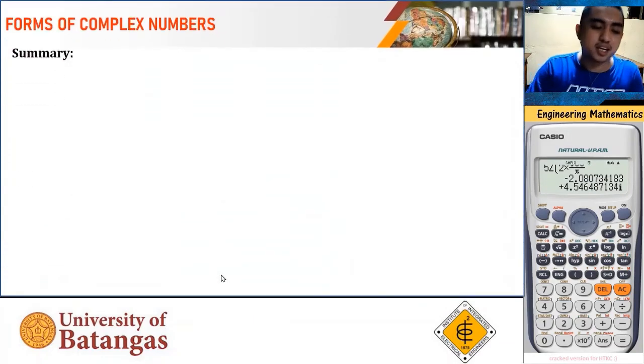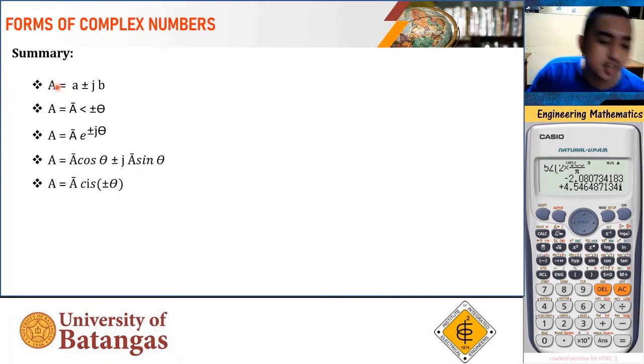Okay, summary. So, sa ating rectangular form, meron tayong A plus or minus JB. Then, in our polar form or phasor form, meron tayong A bar, bar angle, positive or negative theta. Then, for our exponential form, A equals A bar, E raised to positive or negative J theta.